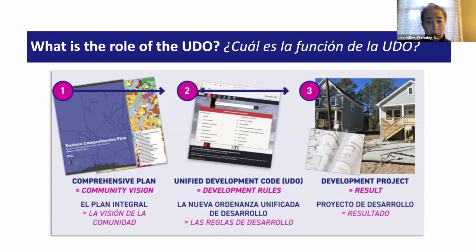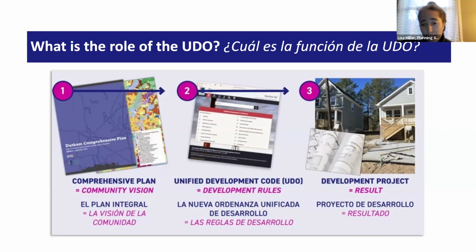So as we're moving from our now adopted comprehensive plan and we're beginning to look at how we implement that plan, the Unified Development Ordinance, or UDO, is a big opportunity for implementation. Within the comprehensive plan, there are over 30 specific actions that say that we should review and revise the UDO as part of implementing the vision of the comprehensive plan.